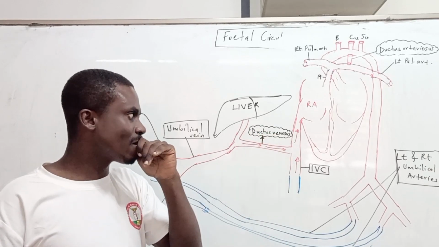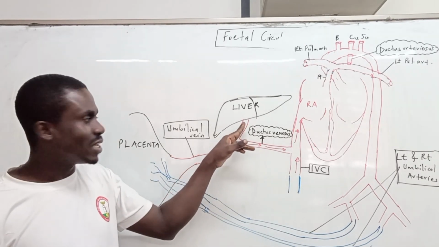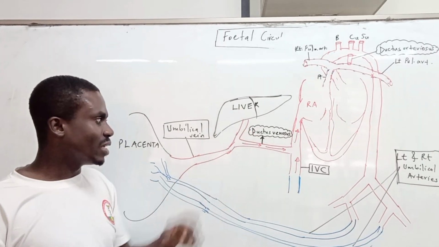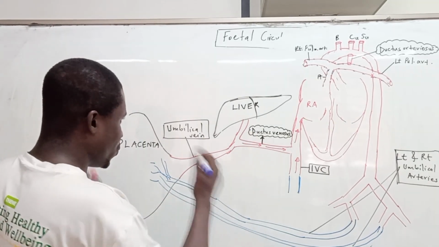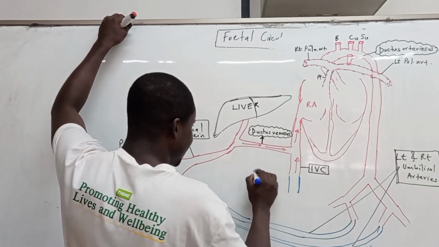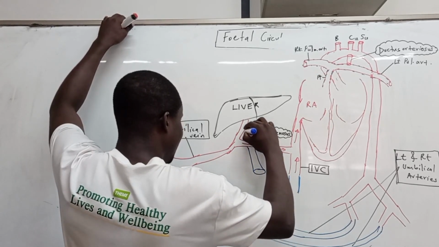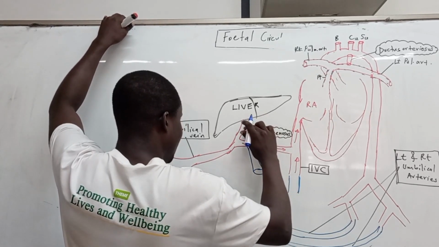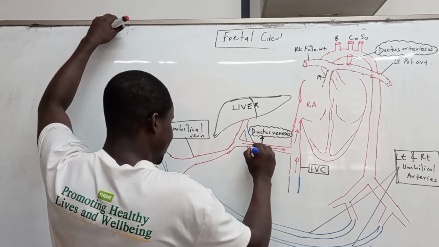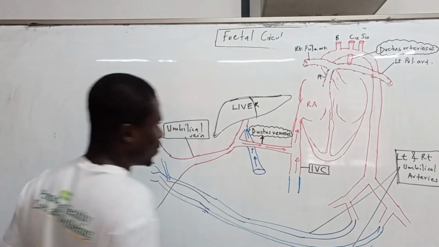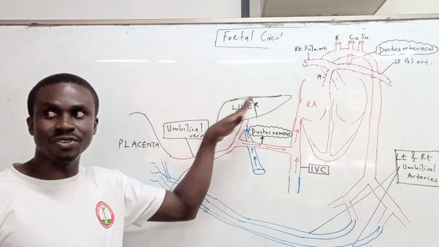That is also one of the shunt systems I want you to become aware of: ductus venosus. Now, it will still continue as the umbilical vein and get to the liver. But also from below over here, there's another vein coming this way and joining the terminal portion of this left umbilical vein into the liver.